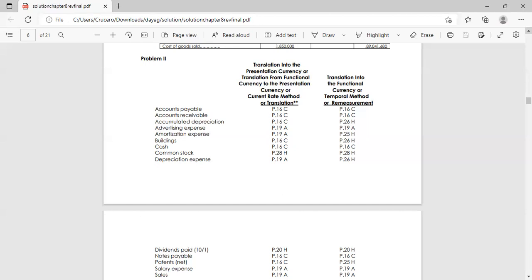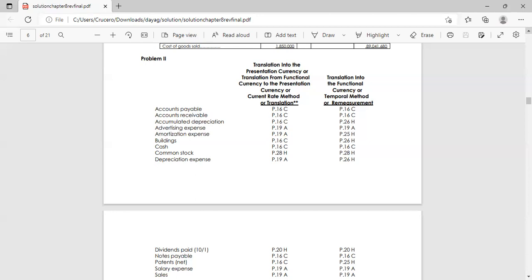So for amortization of patents under method number 1, we use the average rate during the year, and it's still 0.19.